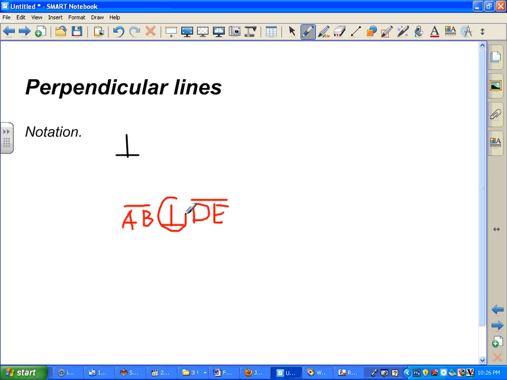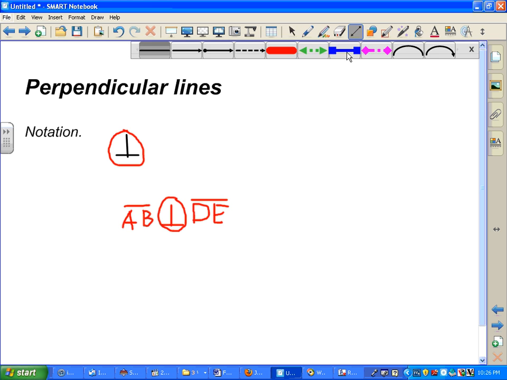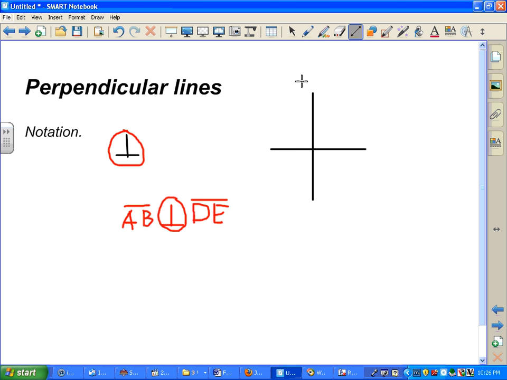This symbol here means perpendicular. This is in the blue box, the key concept on page 81. What is the definition of perpendicular lines? Perpendicular lines meet at a right angle, 90 degrees. Hopefully that was review. But this is the symbol you use to say that two segments are perpendicular.